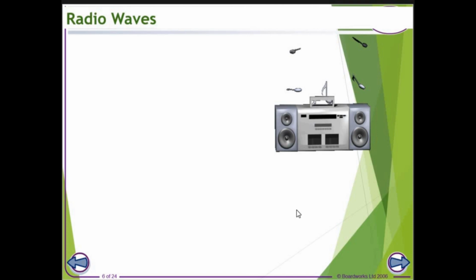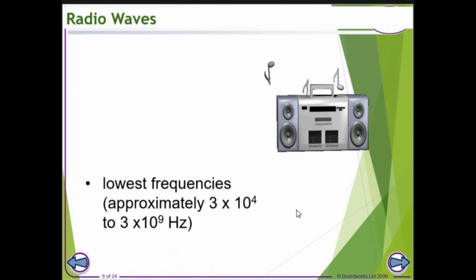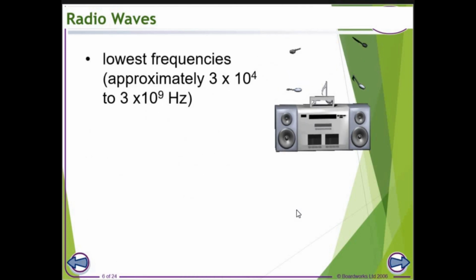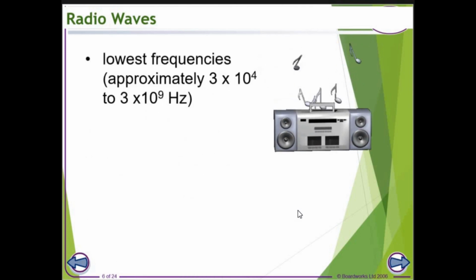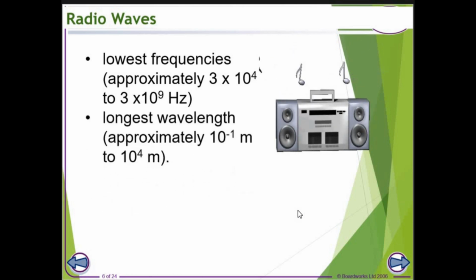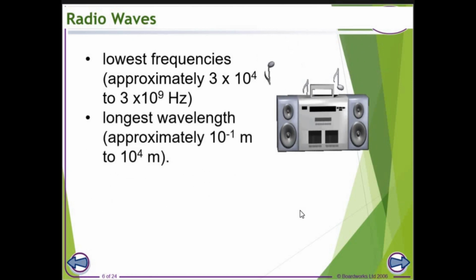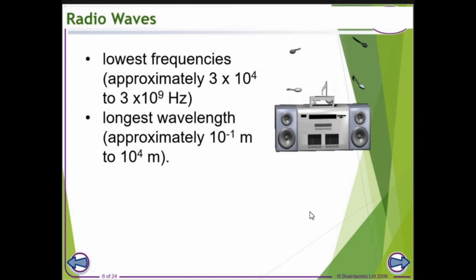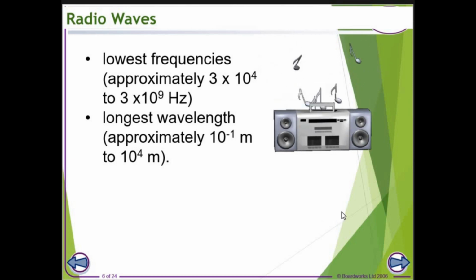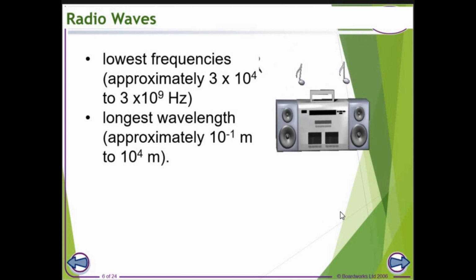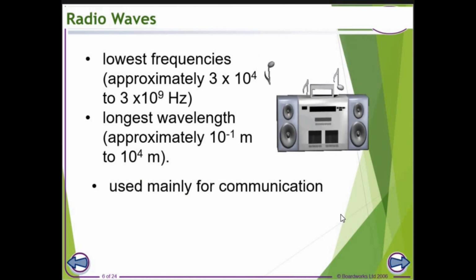The radio waves have the lowest frequency, approximately 3 times 10 to the power of 4 to 3 times 10 to the power of 9 Hz. But they have the longest wavelength, approximately 10 to the negative 1 meters to 10 to the positive 4 meters. That is why they are mainly used for communication.